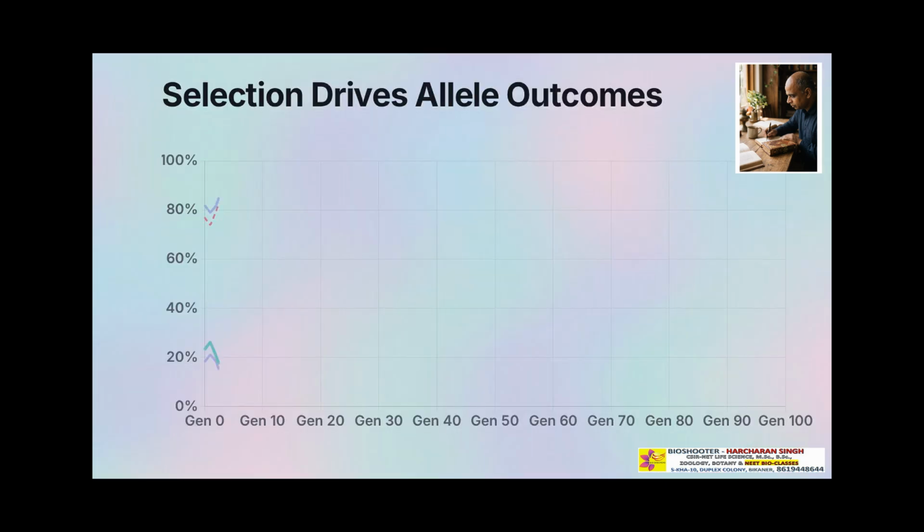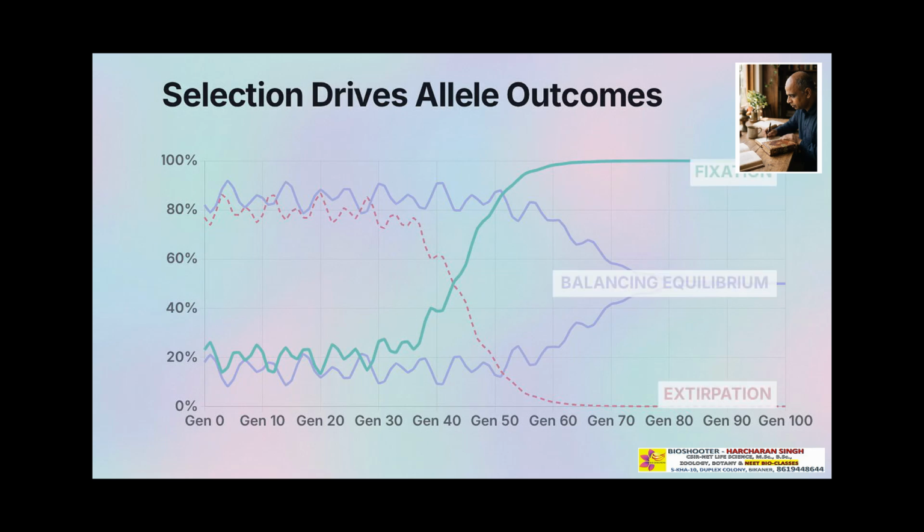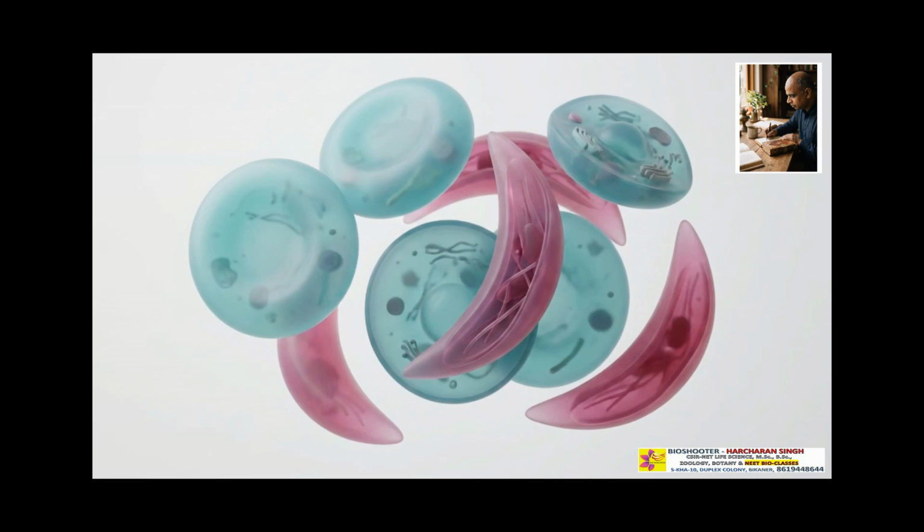In population genetics, allele frequencies constantly shift due to genetic drift, mutation, and the pressures of natural selection. Often, directional selection drives a favored allele toward total fixation, but balancing selection maintains multiple alleles at intermediate frequencies. A primary mechanism is overdominance, or heterozygote advantage, demonstrated by the sickle cell trait.